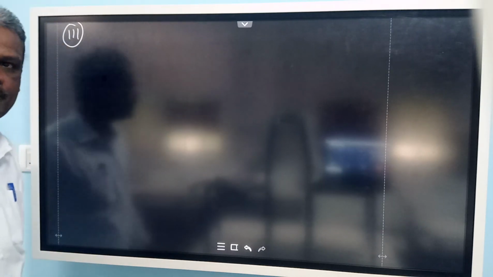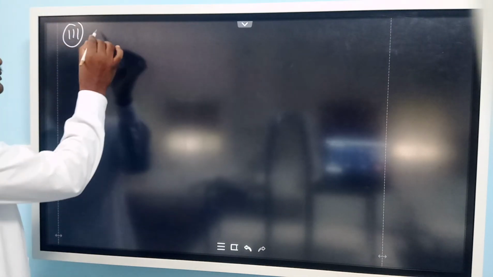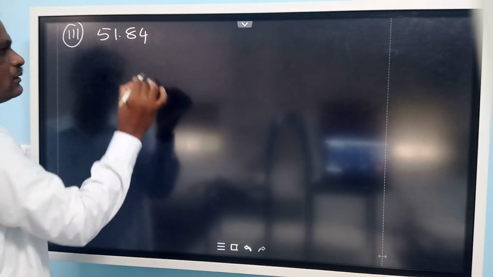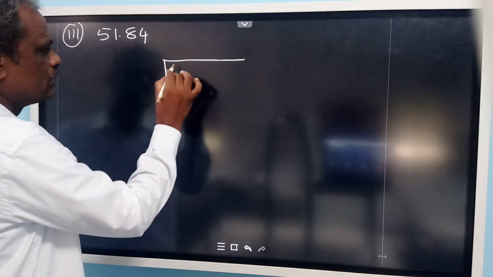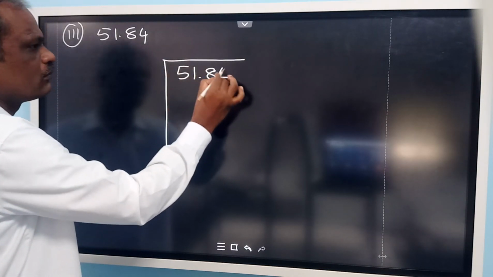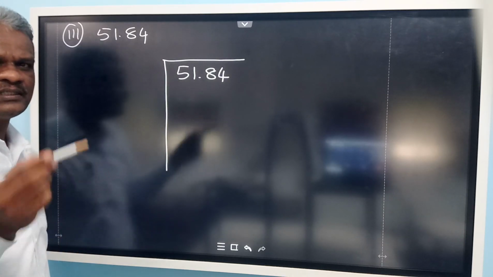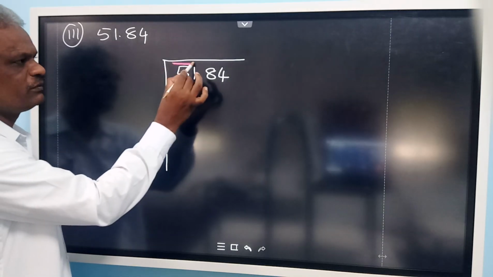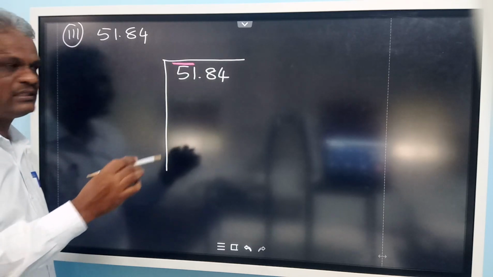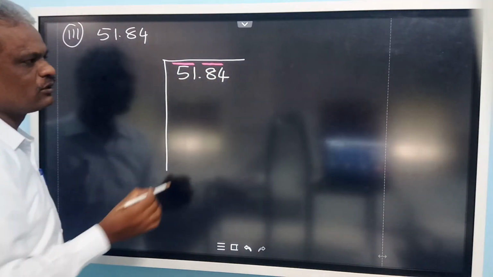Next question, 51.84. Write 51.84 between the lines here. Now you need to group the digits. In the integral part we have the first group, only 51. In the decimal part also we have one group.